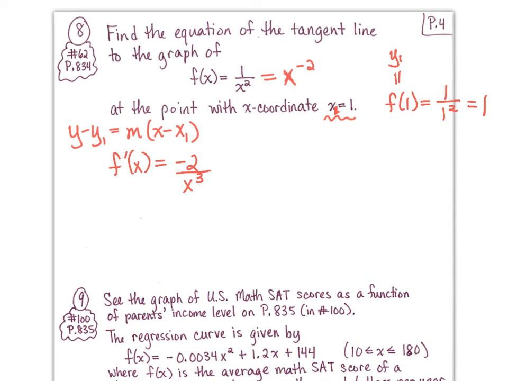Plug in 1 into the derivative. Good. So the notation, remember, was f prime of x evaluated at x equals 1. That was the notation. So that's equal to negative 2 over 1 cubed, which gives us what? Negative 2. Good.